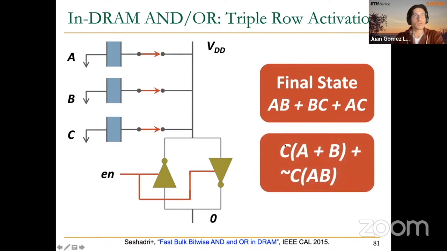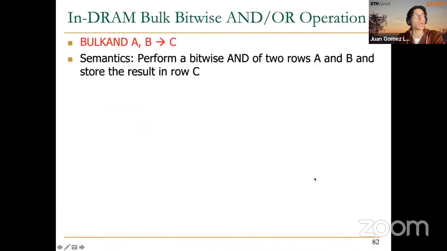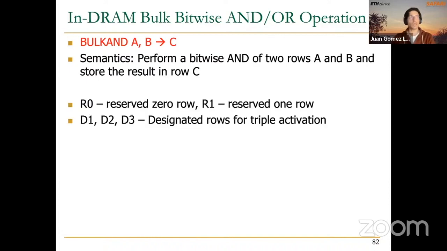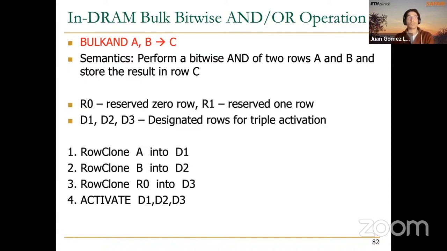So now, if you observe this A, B, and C, depending on the value of C, either 1 or 0, we will obtain an OR of A and B or an AND of A and B. For example, we can execute a bulk bitwise AND by activating 3 rows.